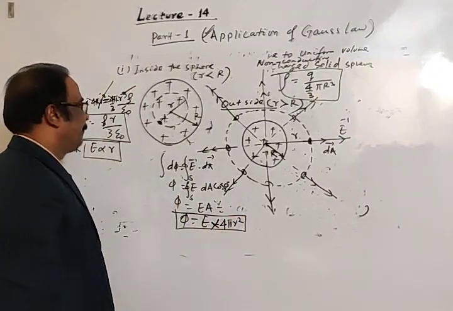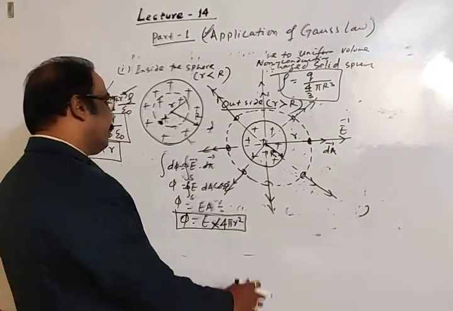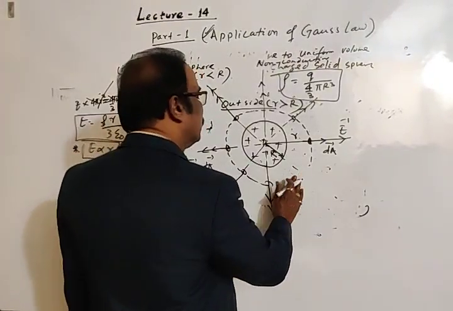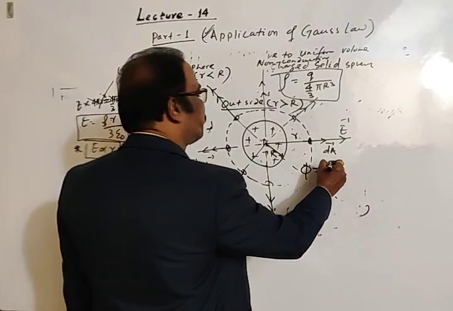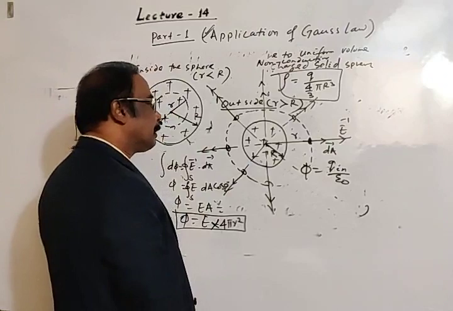Okay, this is the flux. Again, according to Gauss law, flux is Q inside divided by epsilon naught.